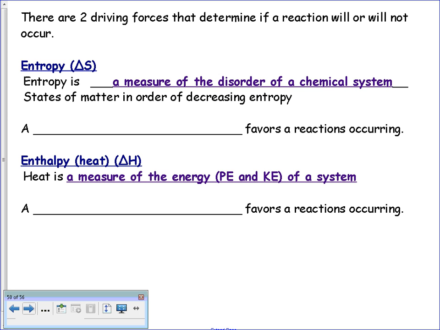So enthalpy, here it is right here, heat. I was talking about heat energy, thermal energy, energy is exiting, energy is entering. That heat is the measure of potential and kinetic energy. PE is potential energy, KE is kinetic energy. I guess I'll leave that as a blank.